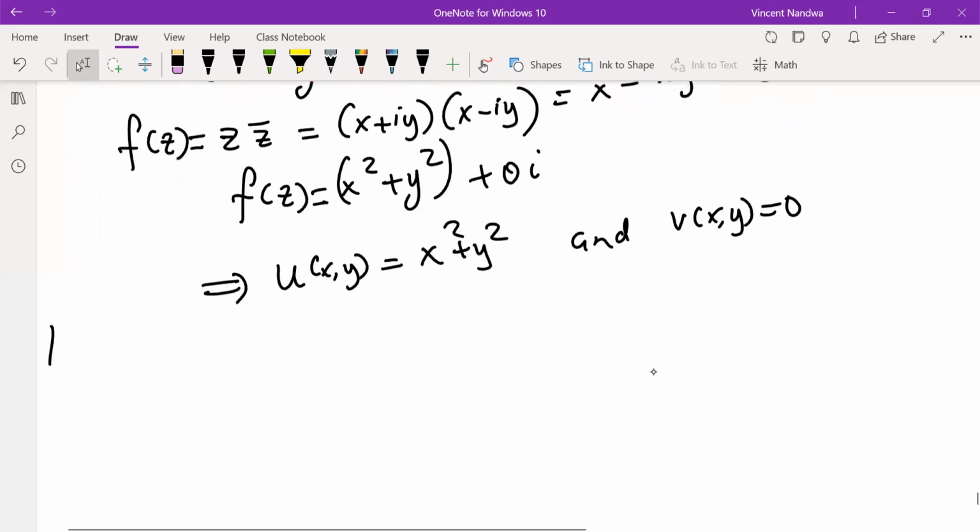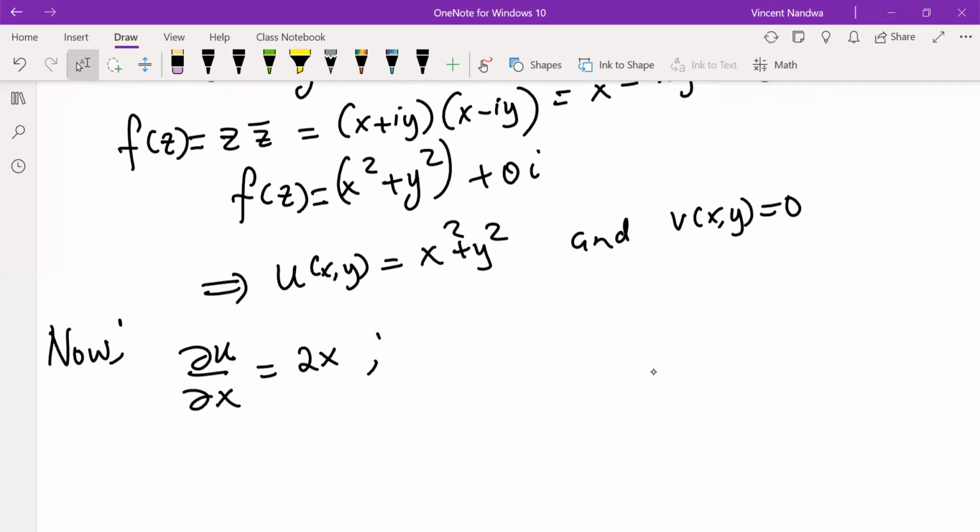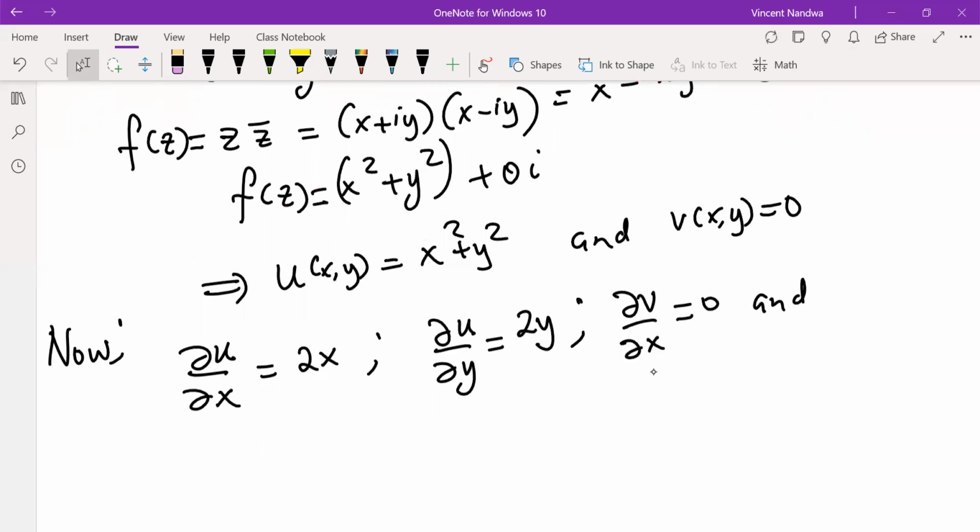Now, partial u, partial x is given by 2x, partial u, partial y is given by 2y, partial v, partial x is 0, and partial v, partial y is also 0.